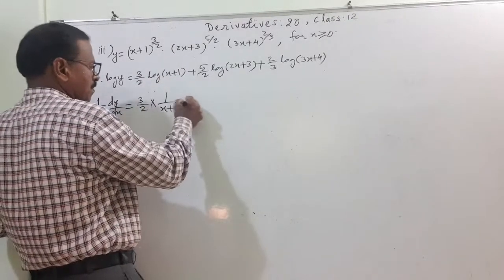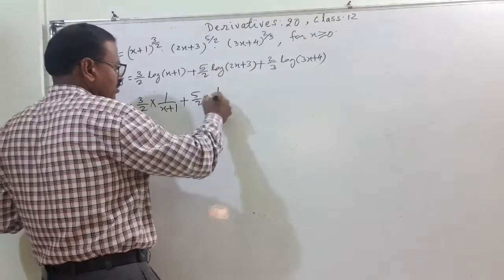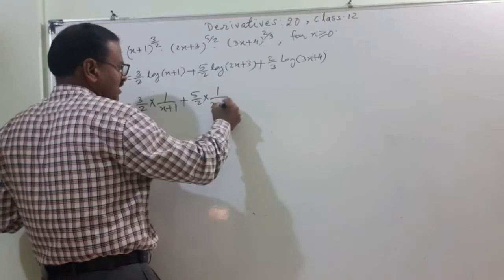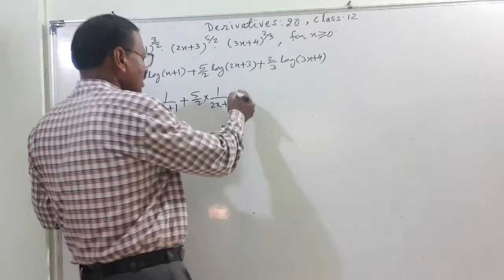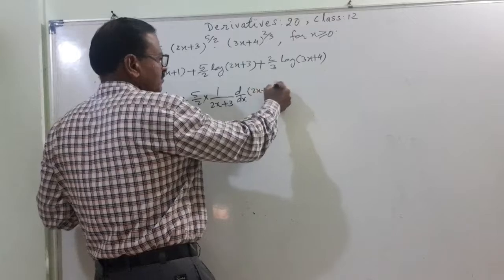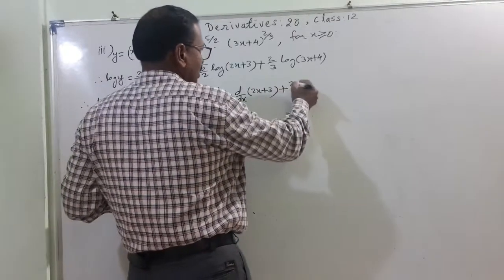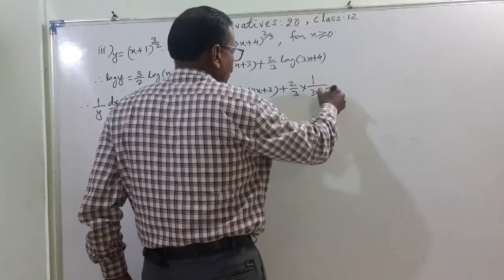Not taken. Plus 5 upon 2 into the derivative of this will be 1 upon 2x plus 3. Now here the derivative is other than 1. Therefore into d by dx of 2x plus 3 plus 2 upon 3 into derivative of this will be 1 upon 3x plus 4.